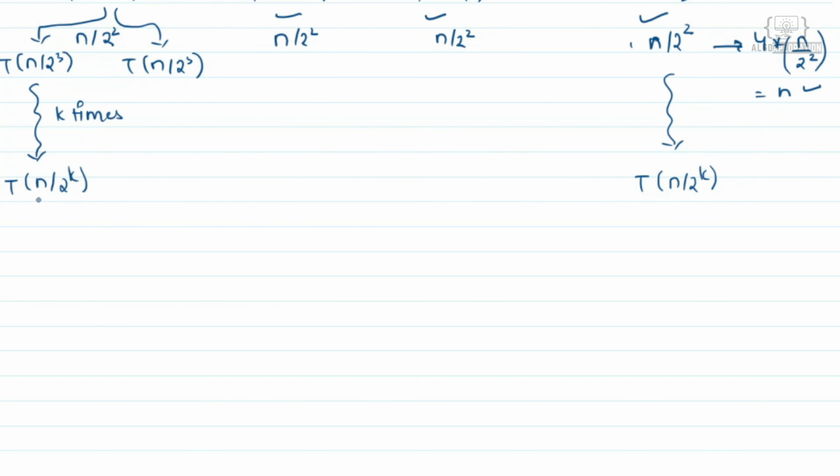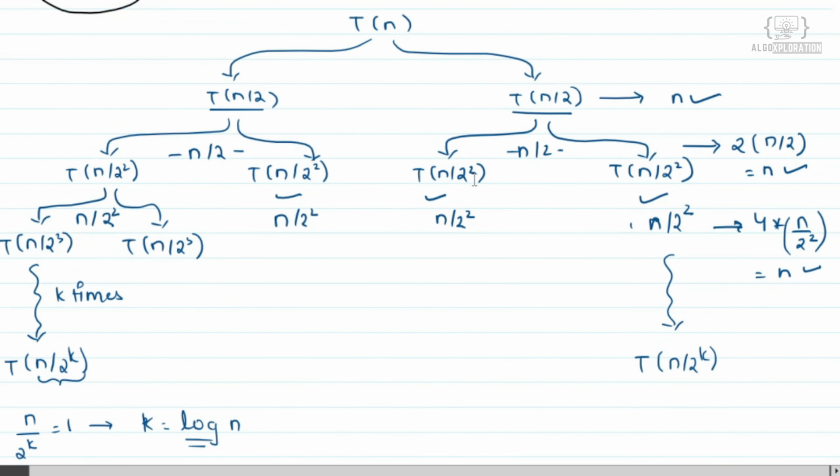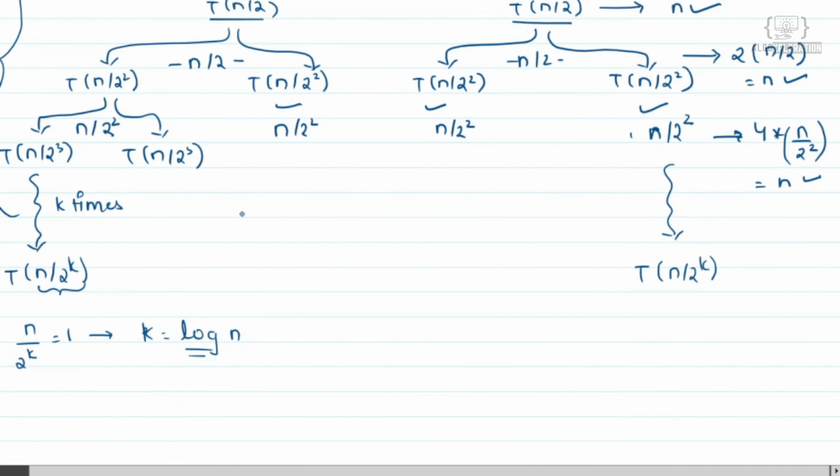Now to make this 1, n/2^k = 1, we find the value of k is log n. Now what actually does log n mean? It is nothing but the height of this tree, because at every level it is dividing by 2. So the height of this tree is log n, and at every level the cost is n.